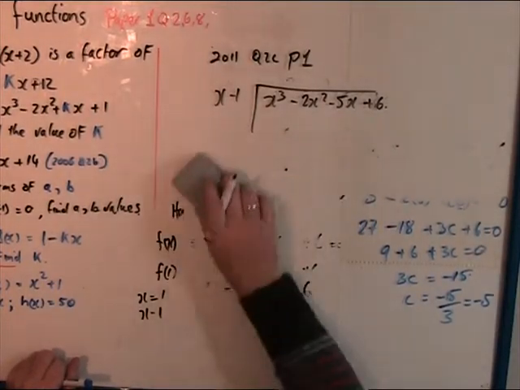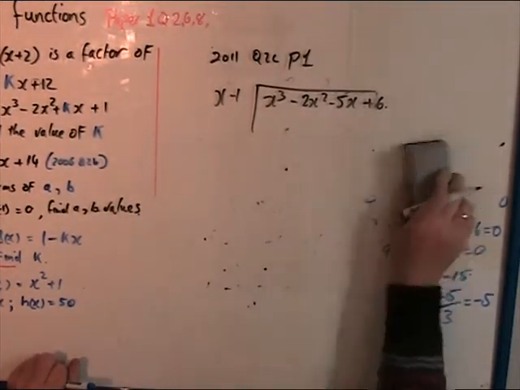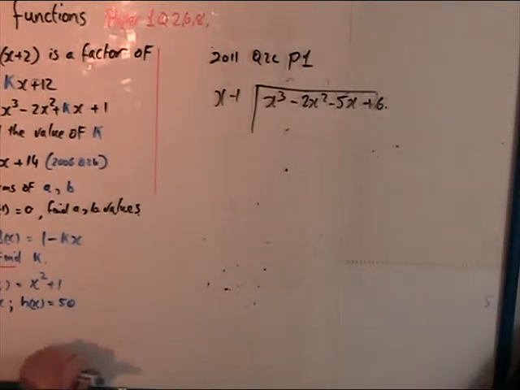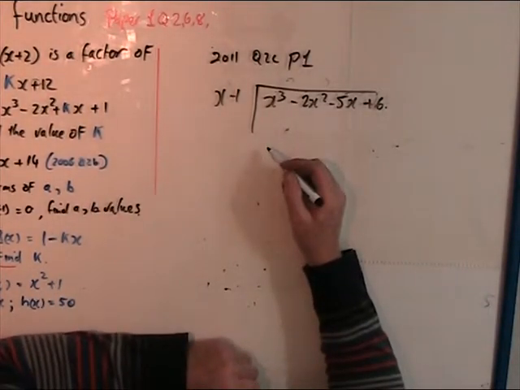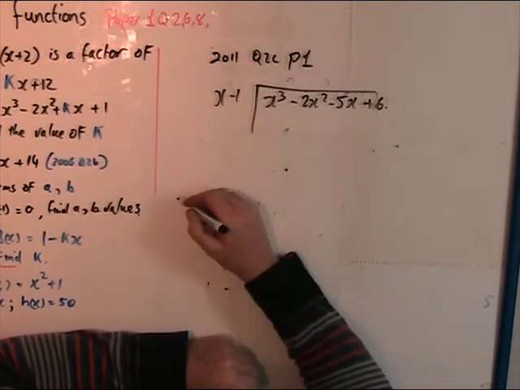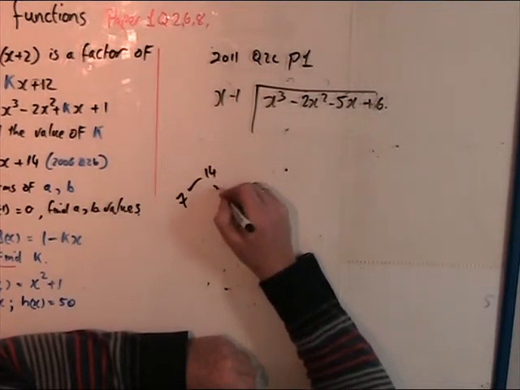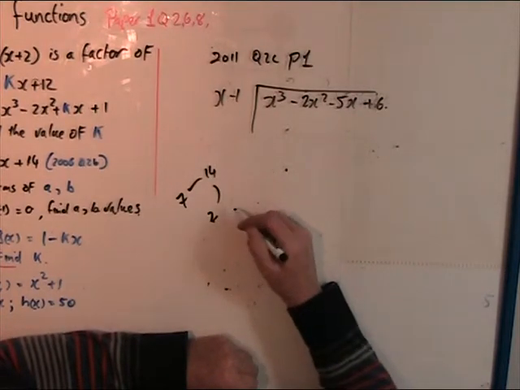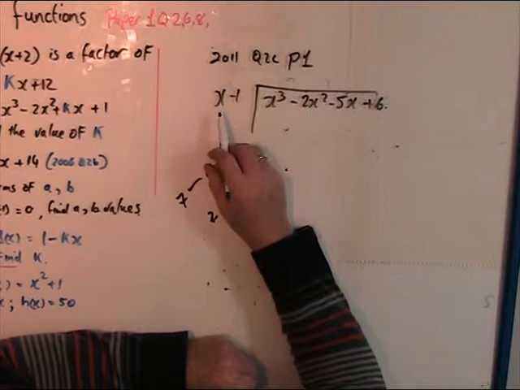Now why am I dividing it by x minus 1? It's because I found the root. Once I find the root I can change it back and get the factor, and getting the factor I can find the other factors. Remember, 7 goes into 14, 2 is a factor. Right, here we go again.